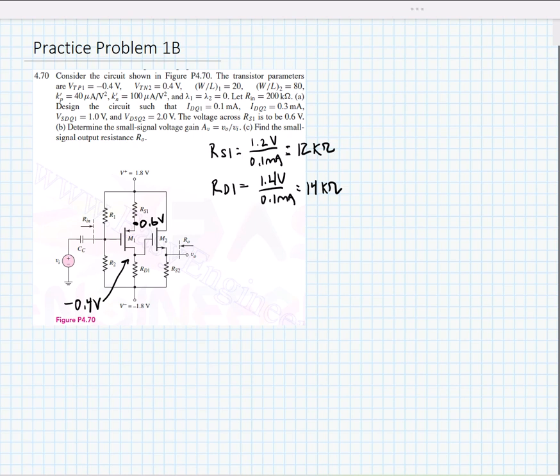For the second stage, we need to find the overdrive voltage. Here, the overdrive voltage is equal to 0.11 volts.